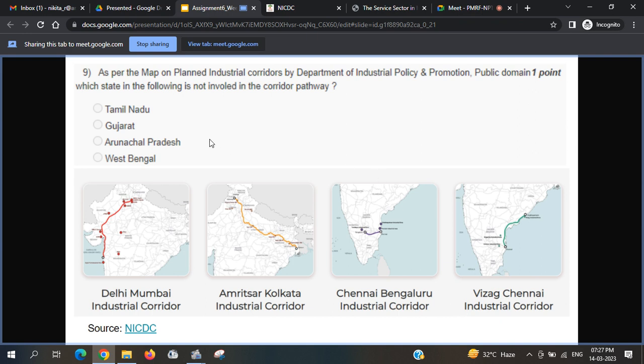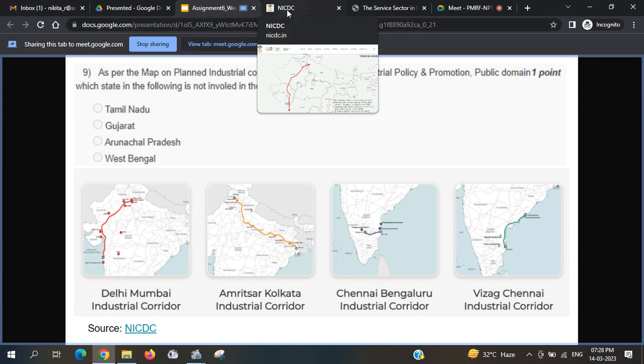So therefore, it is clear that Arunachal Pradesh is the answer to this question. Arunachal Pradesh is not a part of any planned industrial and economic corridor in India.